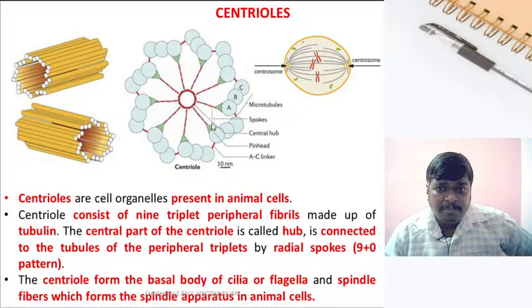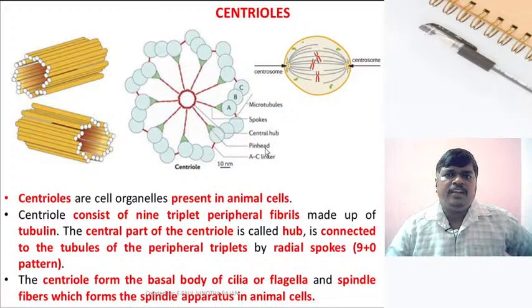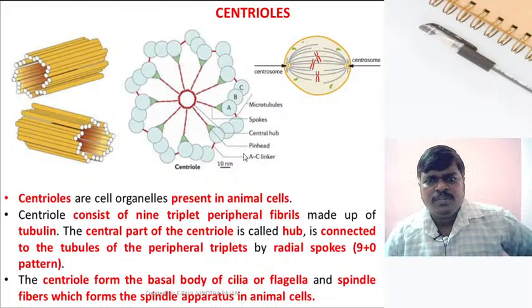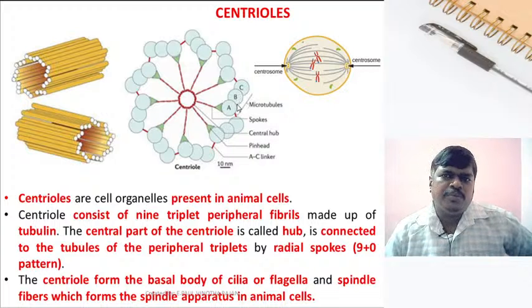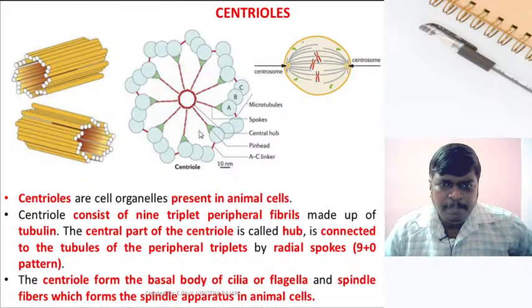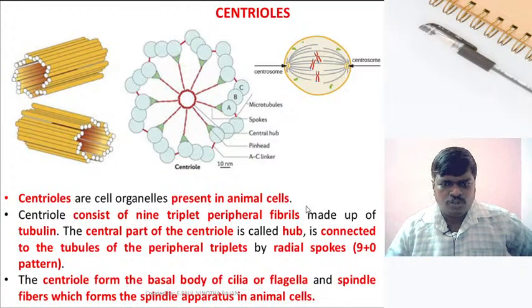And this is the central hub. These are tubulin spokes, radial spokes, and the radial spokes end up in a pinhead structure, and these are all the microtubules. This is a typical structure of centrioles.